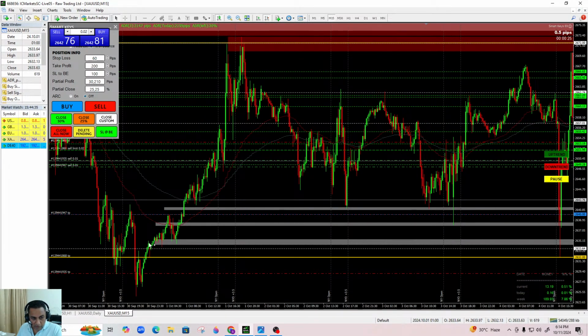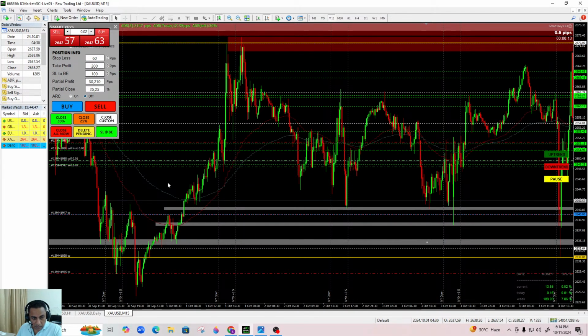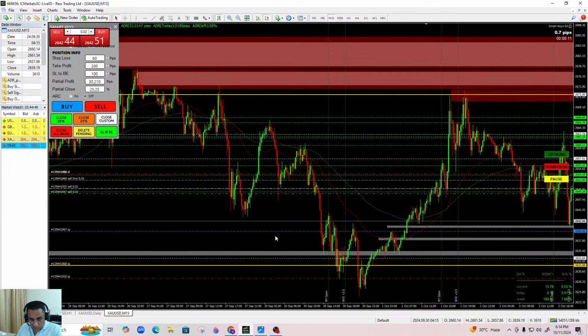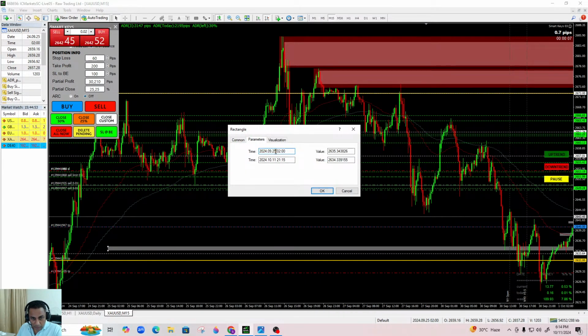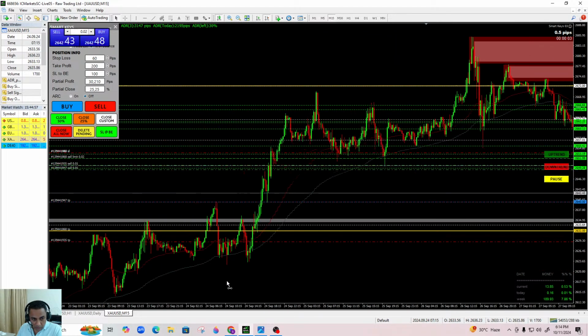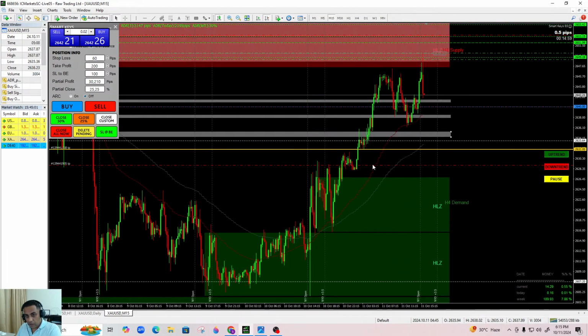Yeah, it's perfectly touched that as well. If we take it back to the 25. Yeah, perfect touch. So even back to the 20th of September, you can see how price touched it. That's why it's so important to draw them correctly.